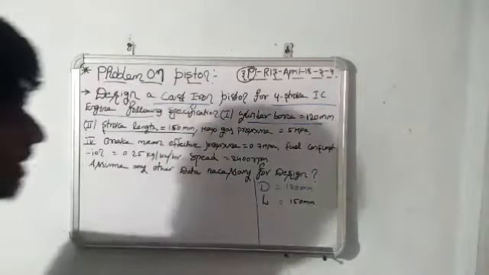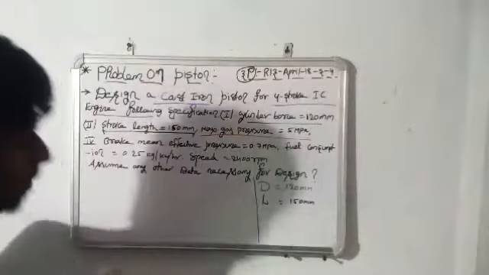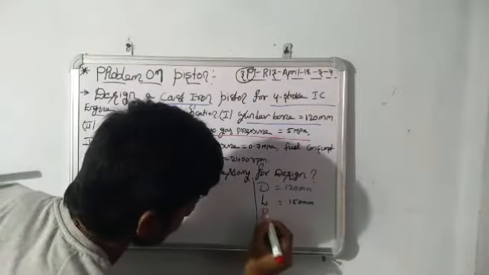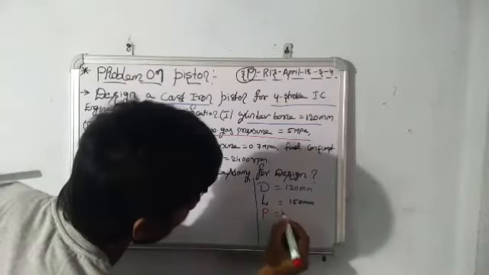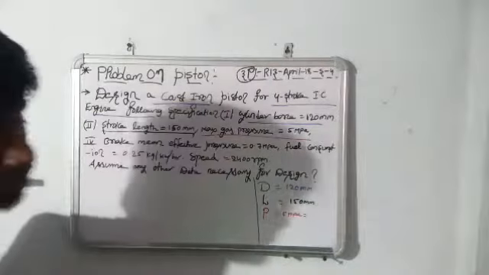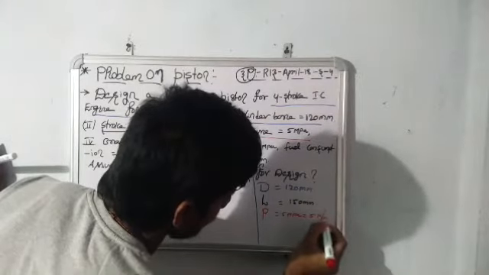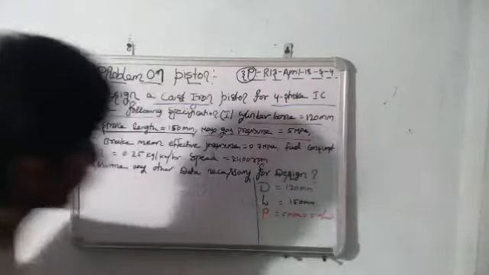The next one is the maximum gas pressure, denoted by P, equal to 5 MPa. We know 1 MPa equals 1 Newton per mm square, so that's 5 Newton per mm square.